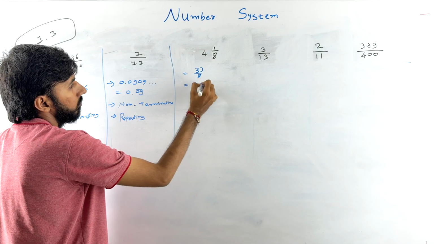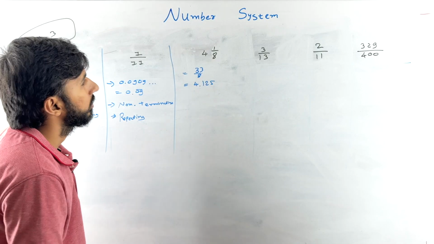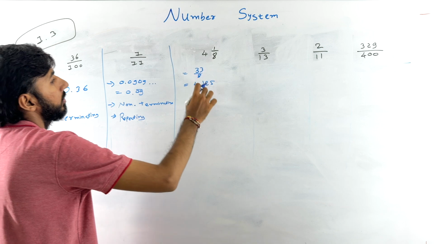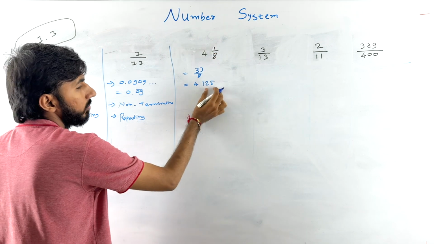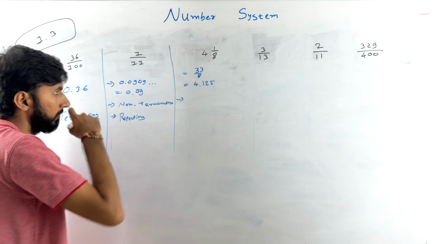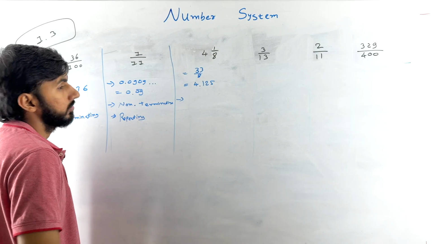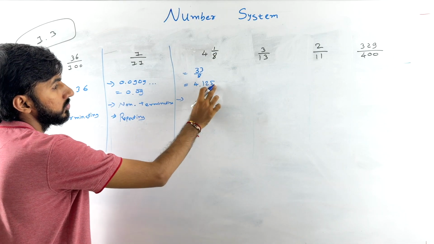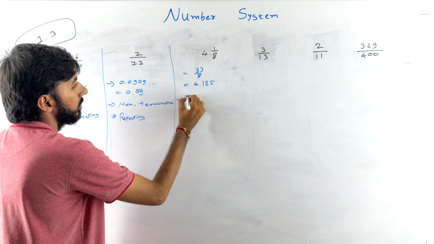The answer will become 4.125. You can simply directly write 1 by 8 as 0.125, and 4 as it is. Now this number stops here, so it is terminating.